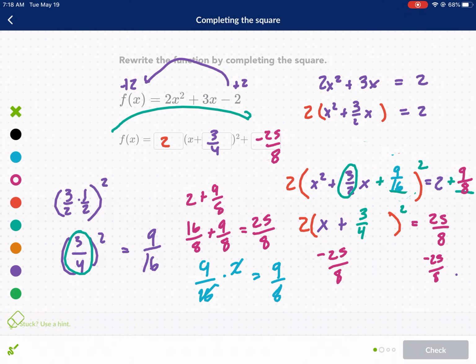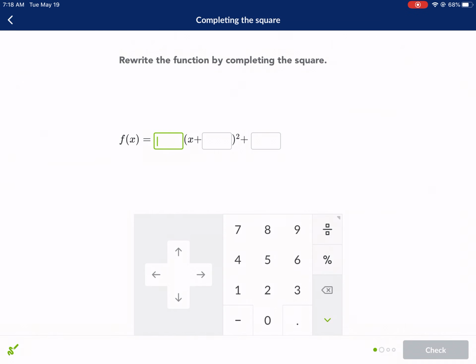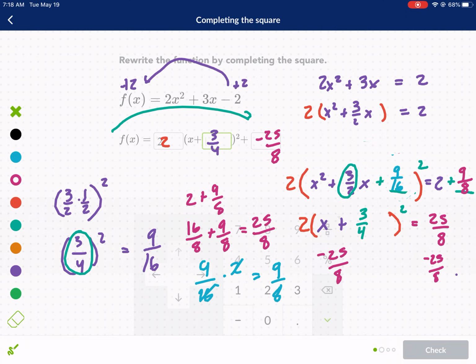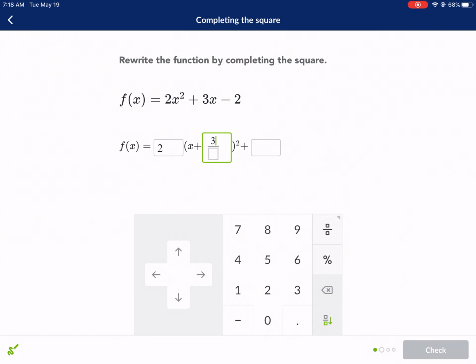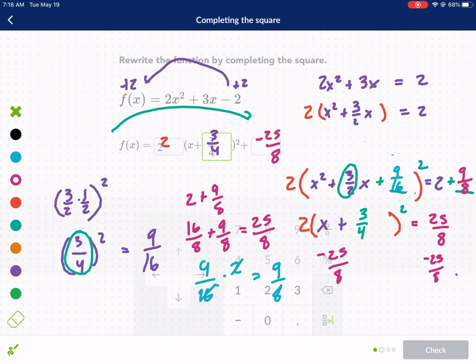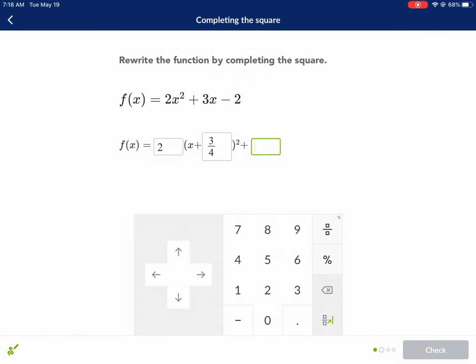Let's hope this is right. 2 times x plus 3 over 4, negative 25 over 8. Oops, delete. Negative 25 over 8.